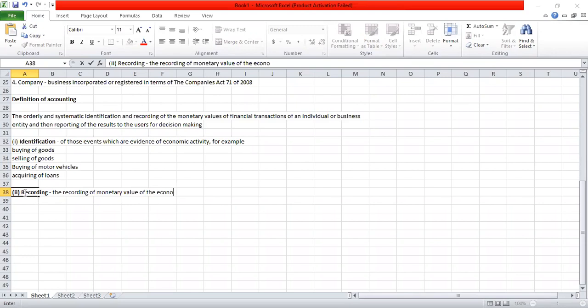Actually, you find that most of the time in this module we'll be doing the recording. So there are many records that have to be done, from books of original entry, the ledger, trial balance, to the financial statements, the analysis, and all those things. Right. Then after recording, the last stage is communicating.